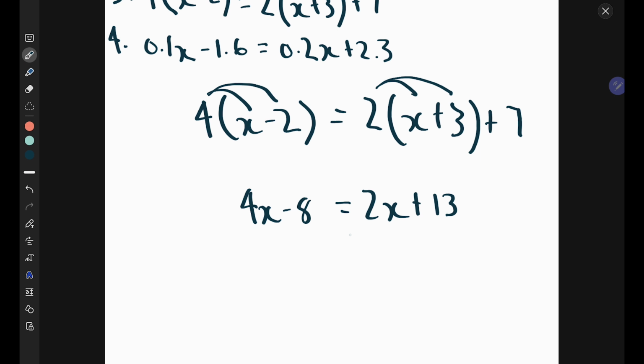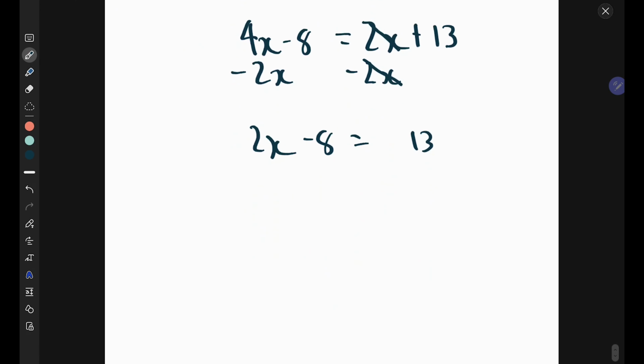Now for here we do the same as the old one. We're gonna do minus 2x here, minus 2x. This becomes 2x minus 8 equals 13. Then we have plus 8 here to remove it. Plus 8, that gets cancelled, plus 8. And then 2x equals 13 plus 8, which is 21.